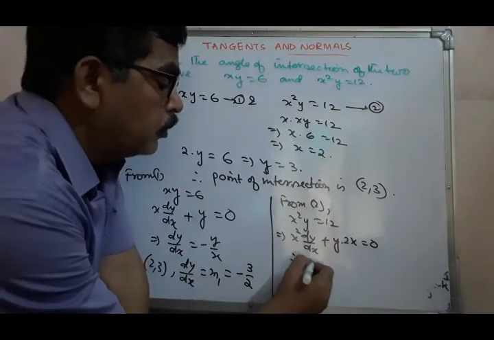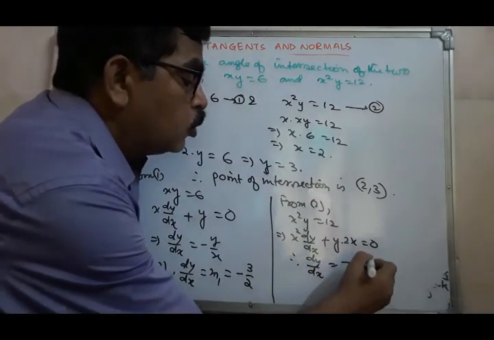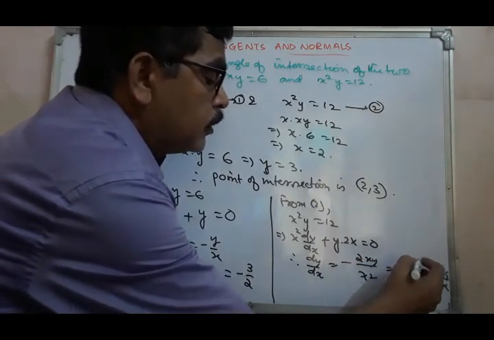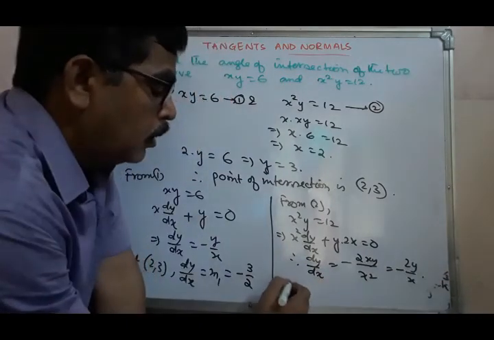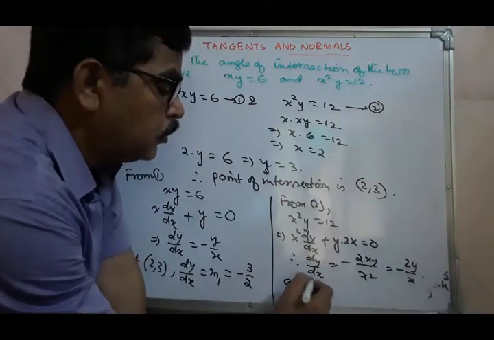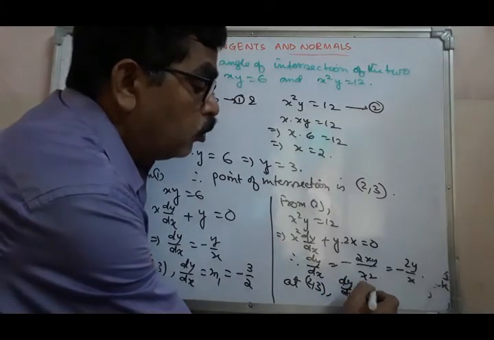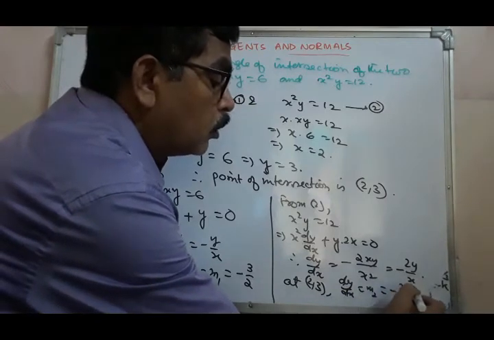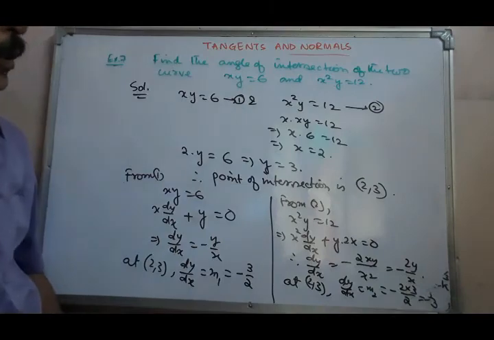So therefore dy by dx equal to minus 2xy by x square, that is minus 2y by x, at 2, 3, dy by dx equal to m2 equal to minus 3.